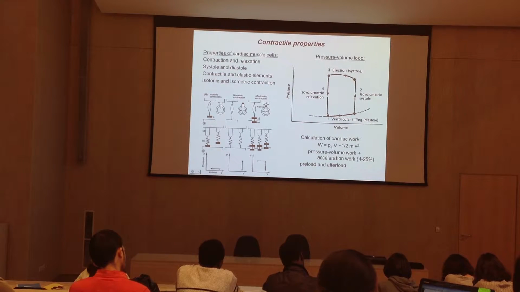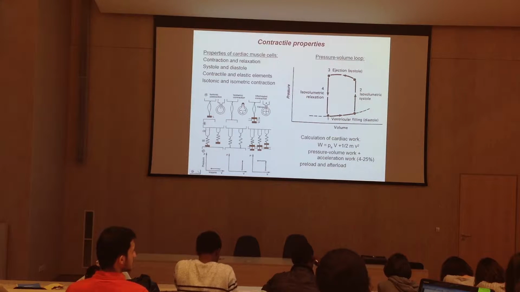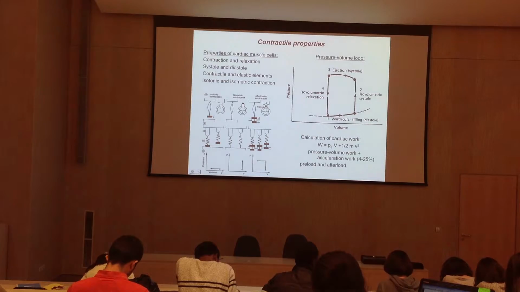Therefore, if we speak about what will determine the cardiac work, we can say first the venous return, the feeding volume, which is called preload, and the second thing, how large is the pressure, how large is the peripheral resistance, how large is the pressure in the aorta, and this is the afterload.